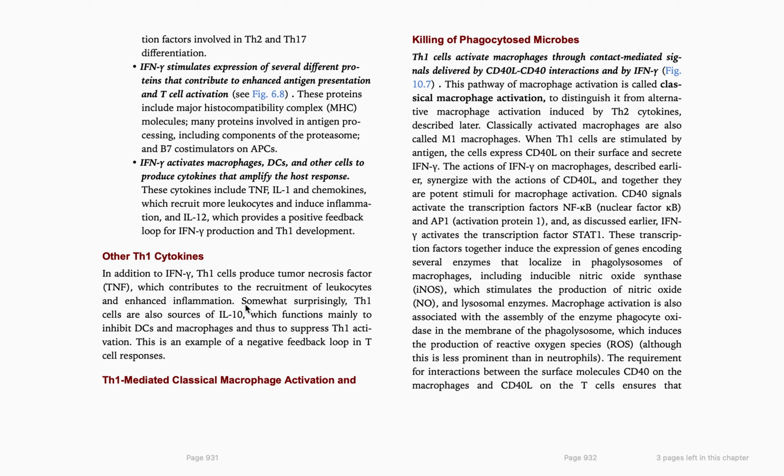When T helper 1 cells are stimulated by antigen, the cells express CD40 ligand on the surface and secrete interferon gamma. The action of interferon gamma on macrophages described earlier synergizes with the action of CD40 ligand, and together they are potent stimuli of macrophage activation.